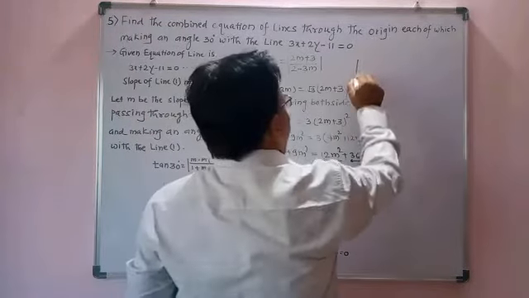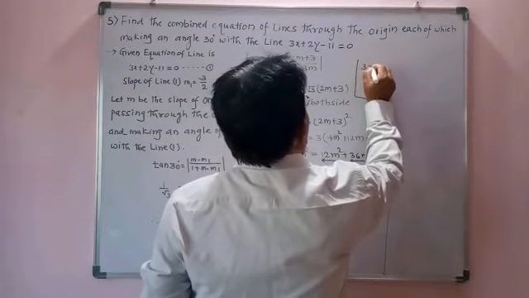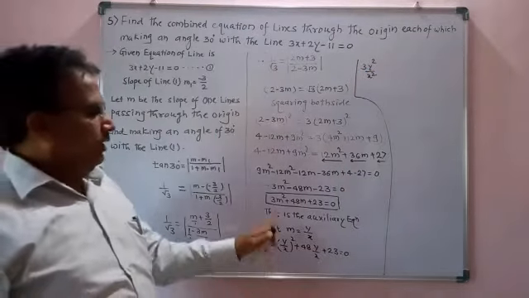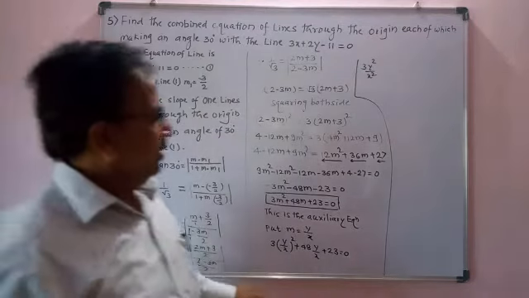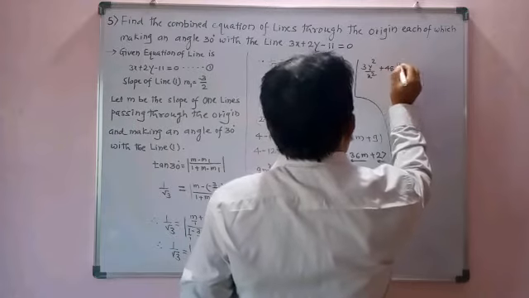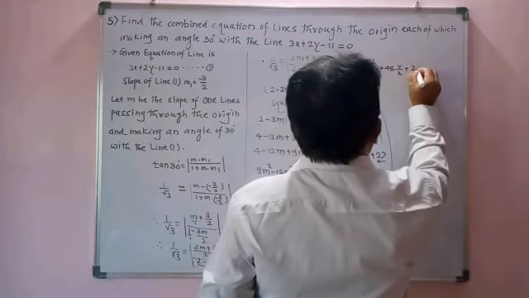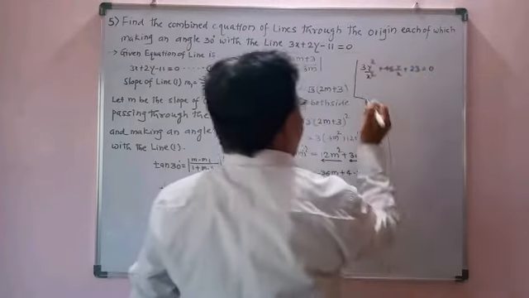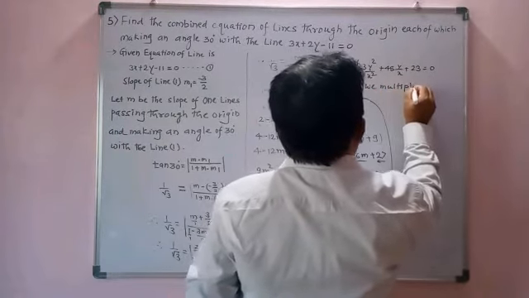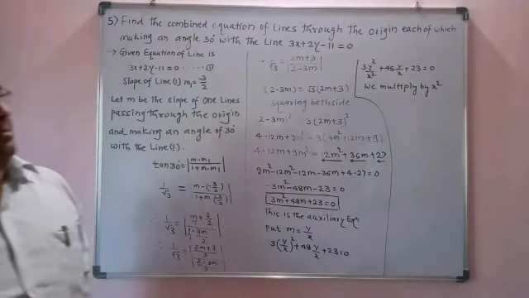3 into y by x bracket square is 3 into y square divided by x square, plus 48 y by x, plus 23 equal to 0. We multiply by x square.